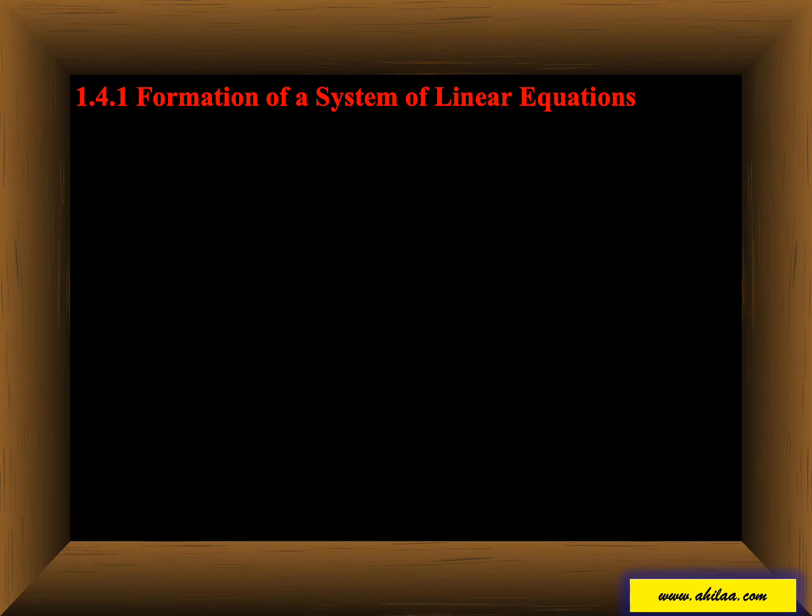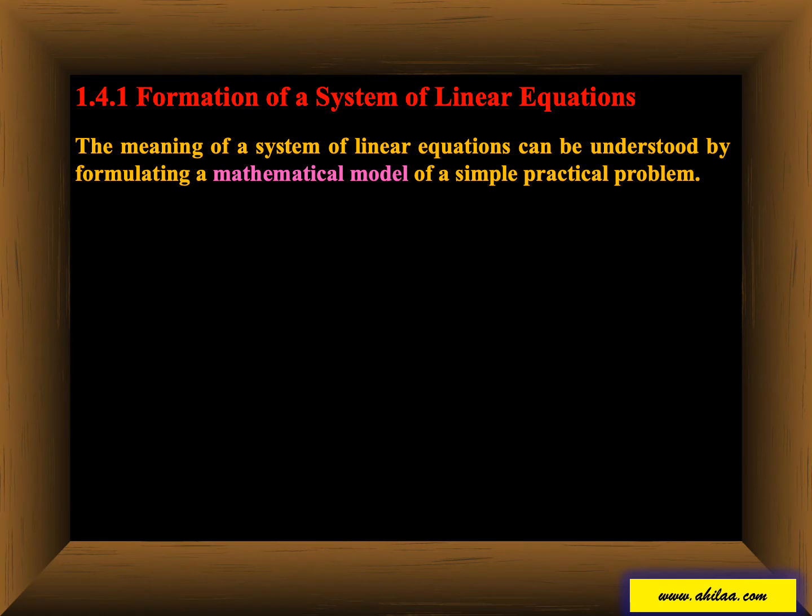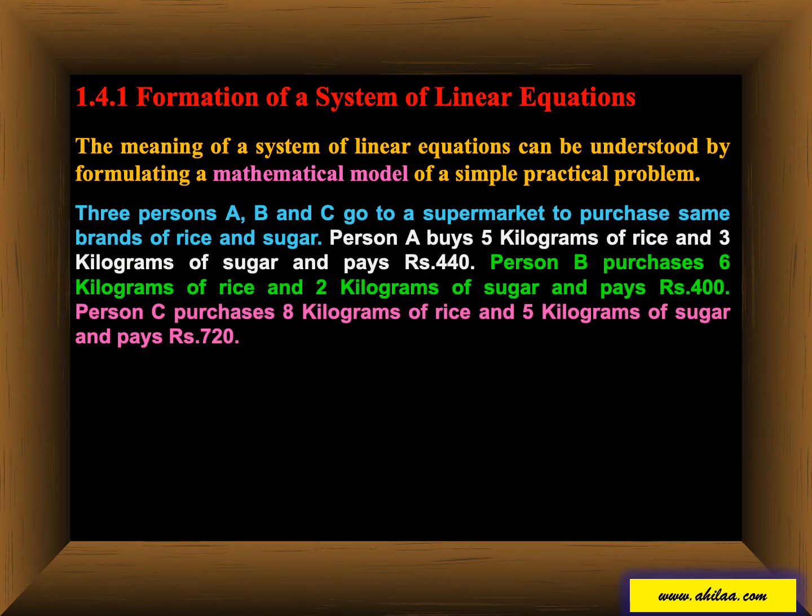1.4.1 Formation of a system of linear equations. The meaning of a system of linear equations can be understood by formulating a mathematical model of a simple practical problem. Three persons A, B and C go to a supermarket to purchase same brands of rice and sugar.